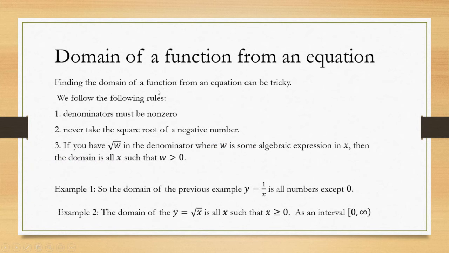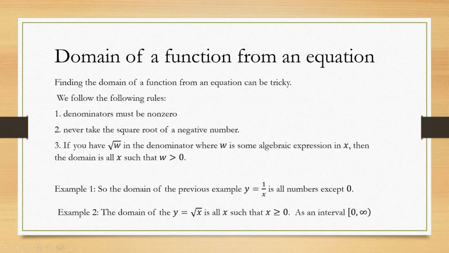Now, what the book does, and I'm doing this, if you have an equation, it's always the largest set of numbers that you can plug into the equation and get a reasonable output. Essentially, with an equation at least, I'll go into how to get it from the graph. That could be a little bit tricky. But from an equation, you basically follow these rules when you're looking for the domain.